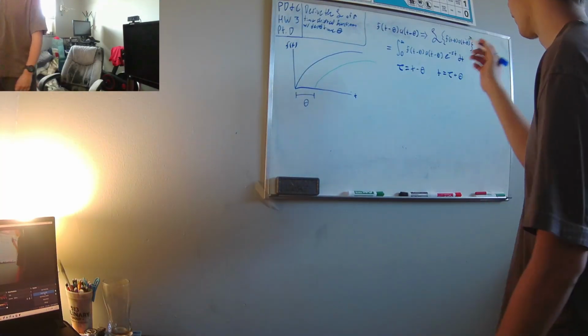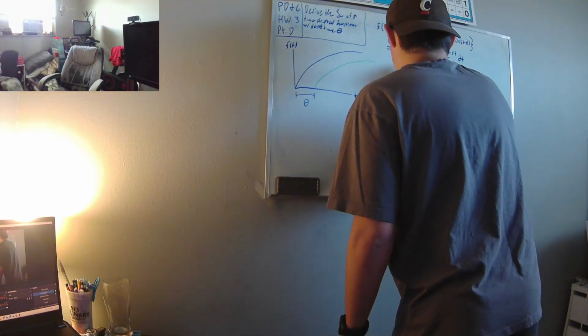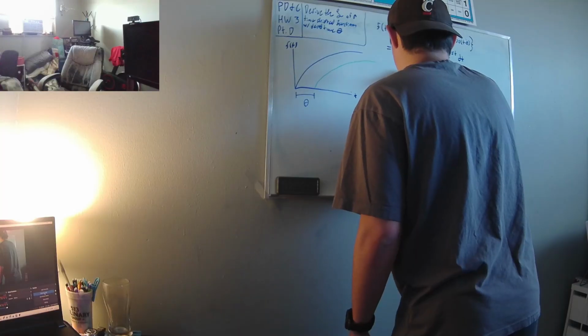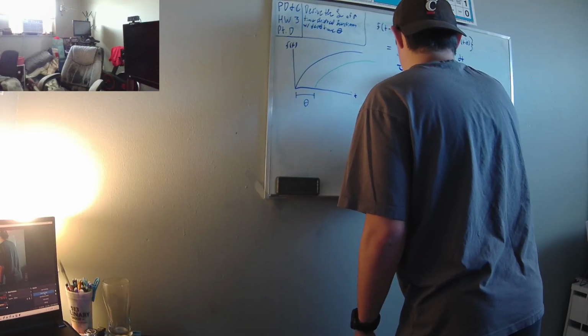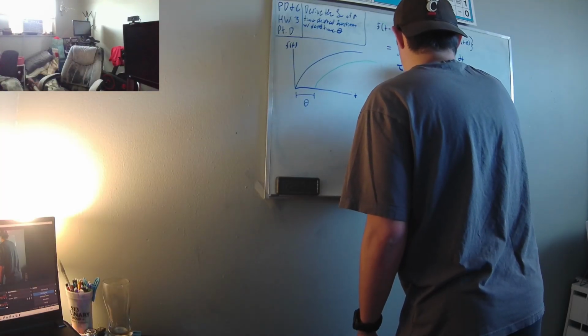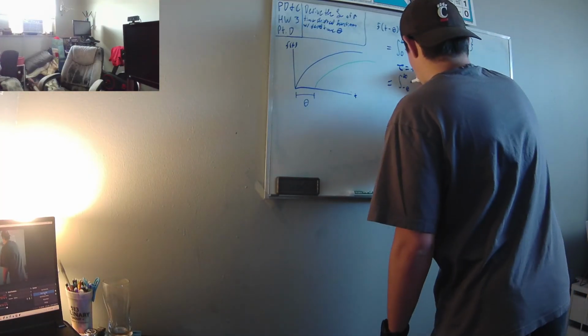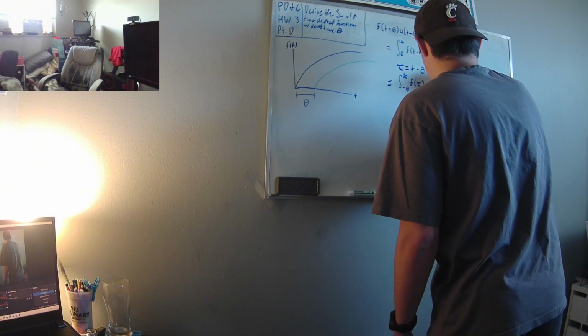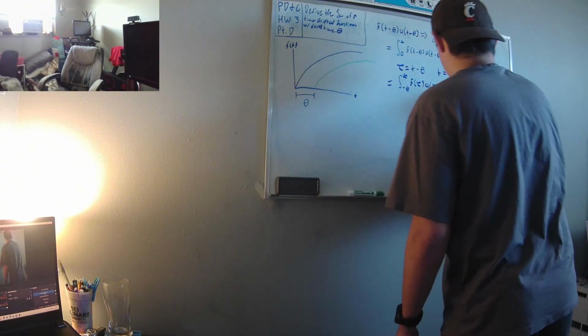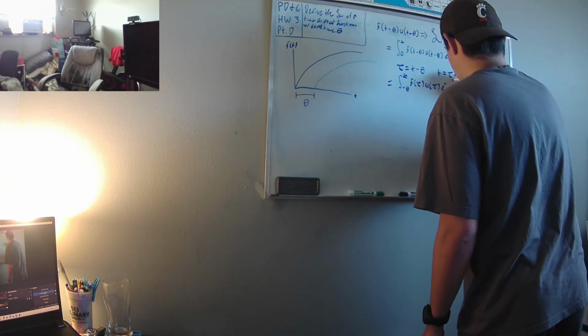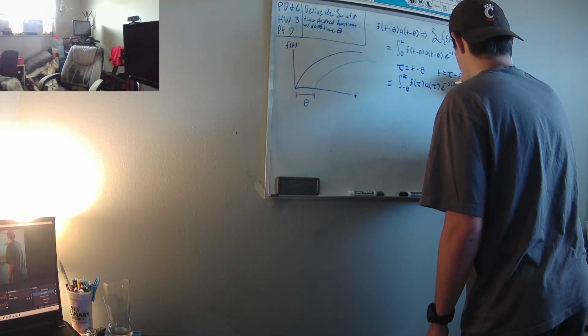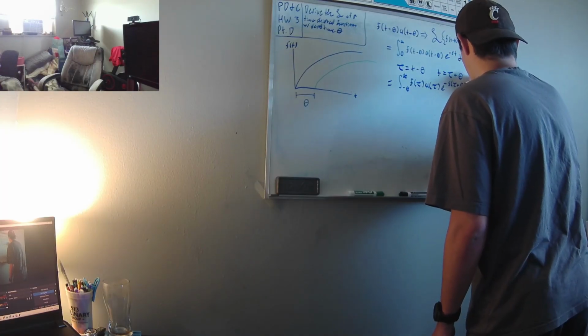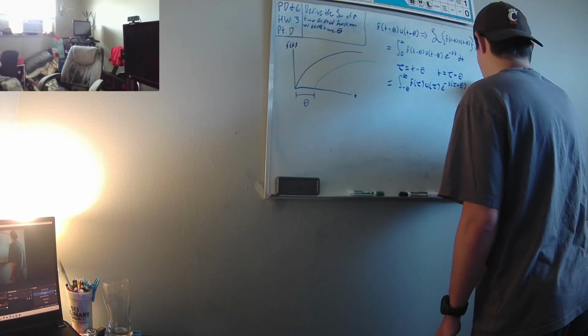So substituting this into our equation, we get that the Laplace transform is equal to the integral from minus theta to infinity of our f of tau u of tau e to the minus s times tau plus theta d tau.